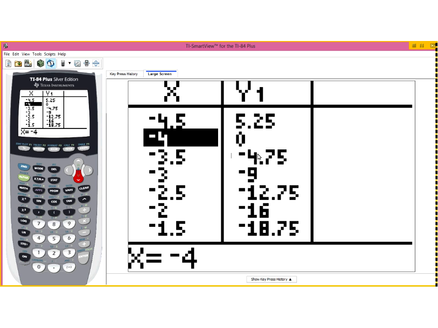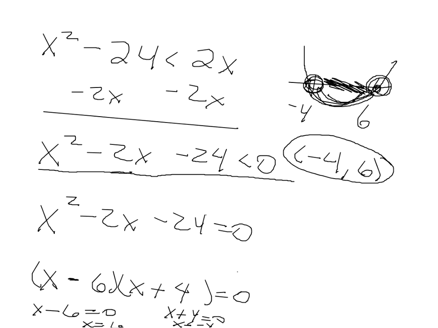So I can tell, in this case, because my x-intercepts are integers, that it's from minus 4 to 6. So that verifies the answer that I got algebraically.